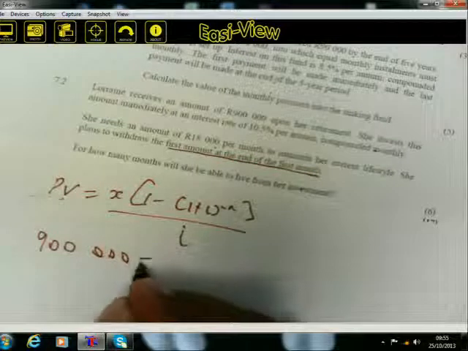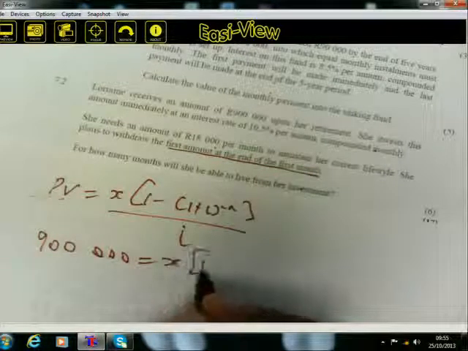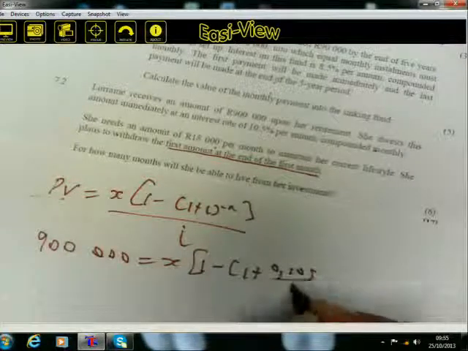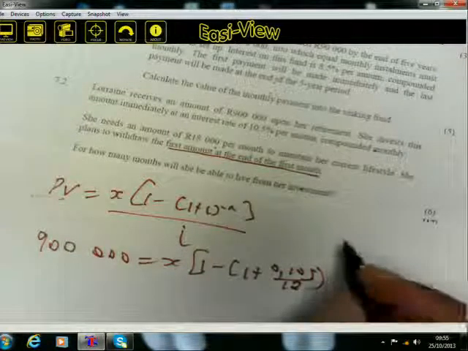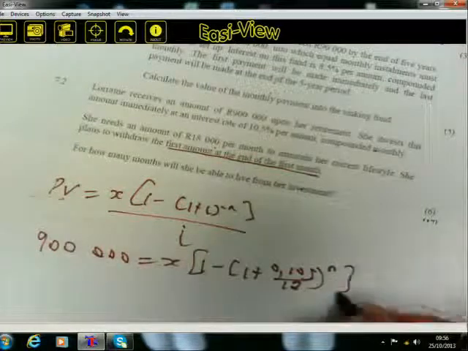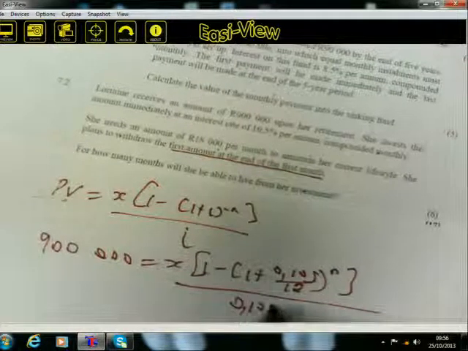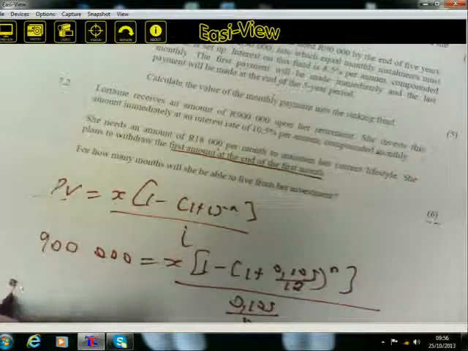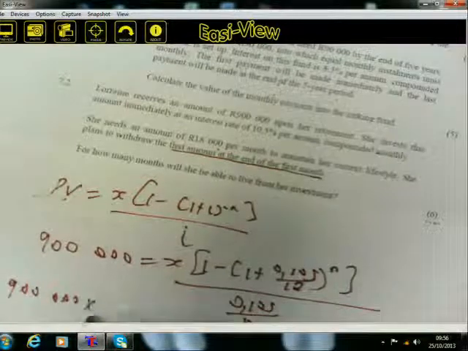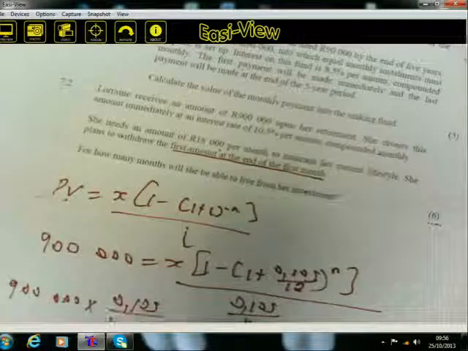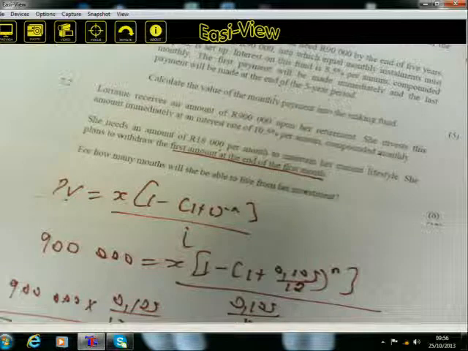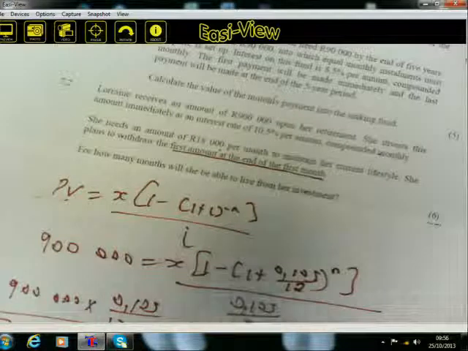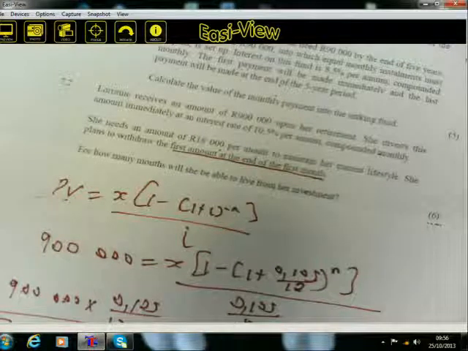900,000. Of course, it is equal to x on this side, 1 minus (1 plus the interest 0.105 divided by 12) to the exponent of n, and then we divide this by 0.105 divided by 12. From this one, you take 900,000 multiplied by 0.105 and then 12, and divide it by 1 minus (1 plus 0.105 over 12) to the power of n.